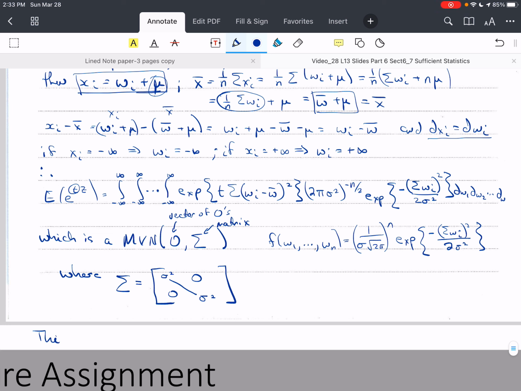This distribution does not contain mu, does not depend on mu, it's independent of mu, which ends our proof.